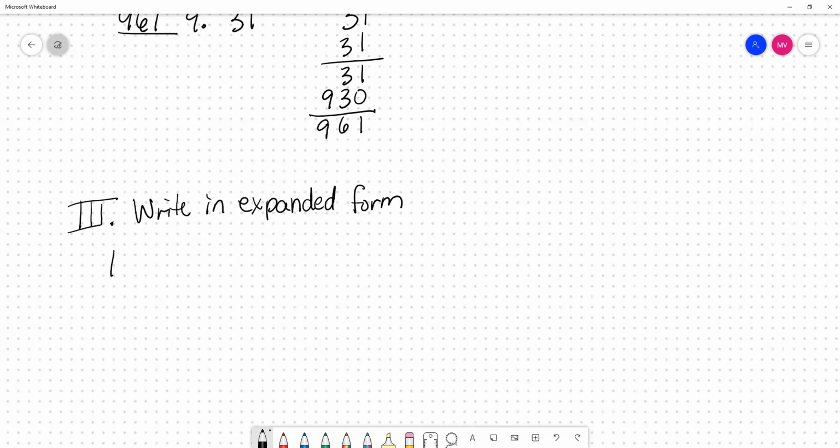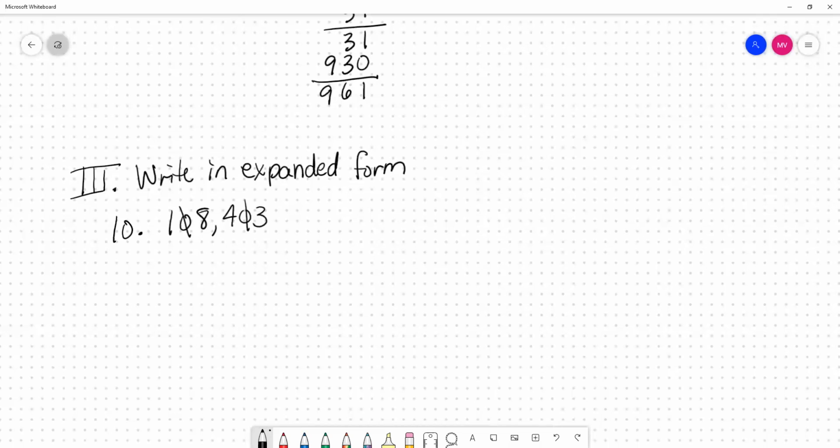So it'll be 1 times 100,000. Yes, but what is anything times 0? Anything with any place value that is 0, you can just leave those blank, don't count them. So tell me again, what's the first one? 1 times 100,000. All right, plus we're skipping the 10,000s because that's just 0.